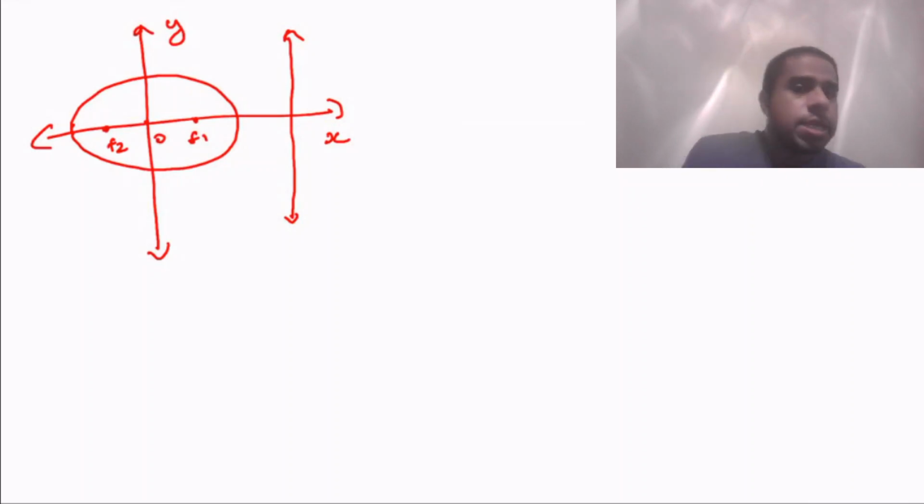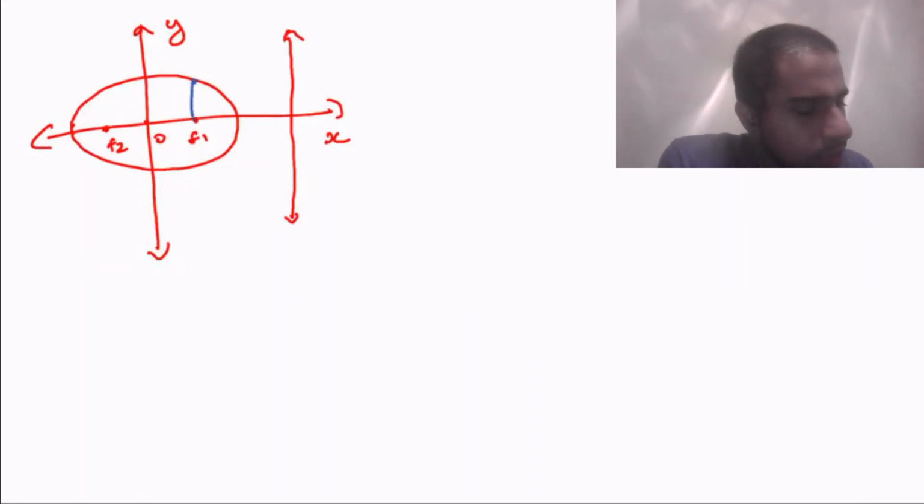An ellipse is a locus of a point such that the distance between any point on the ellipse, for example, if we take this point, and the fixed point that we have can be called the focus point.